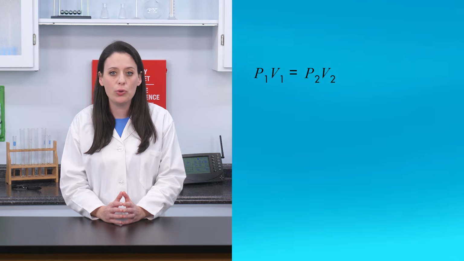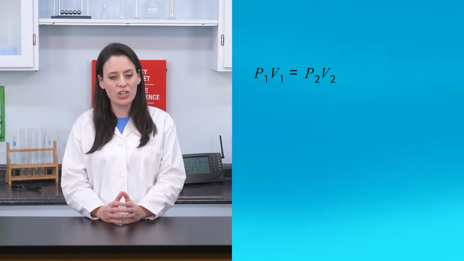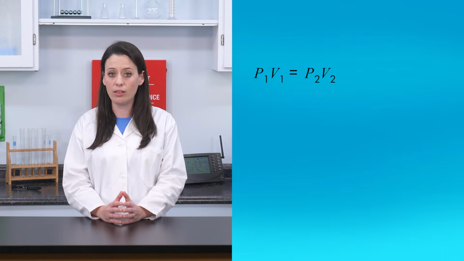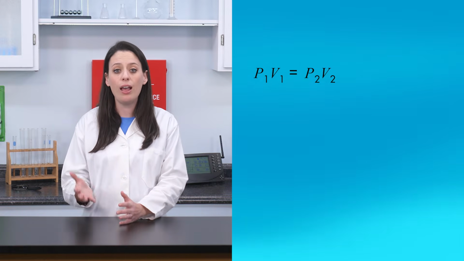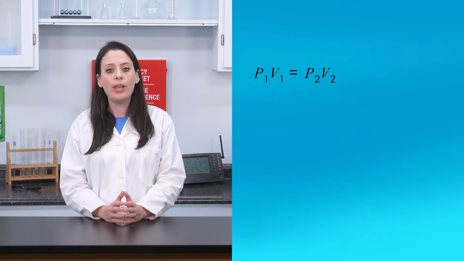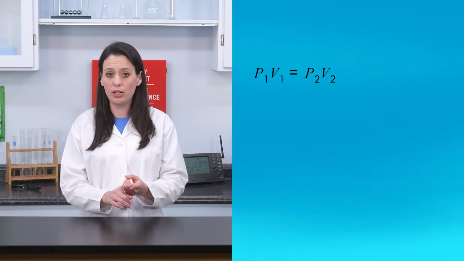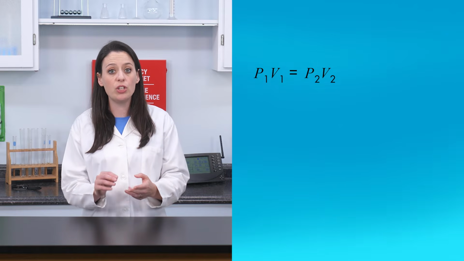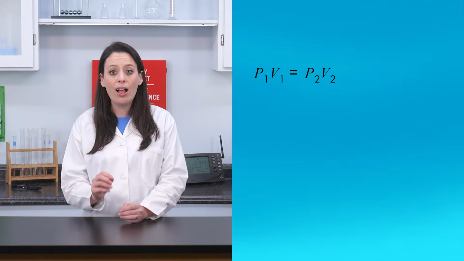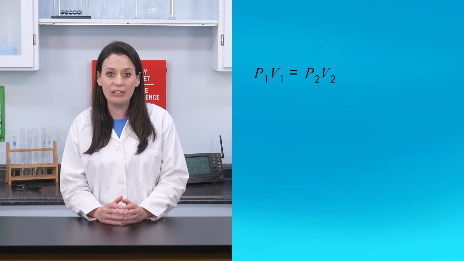To find the new pressure, we use the equation for Boyle's law. We can calculate the unknown value if we know the other 3 values. In this example, we are given the original pressure, original volume, and new volume. We can use the equation to calculate the new pressure.